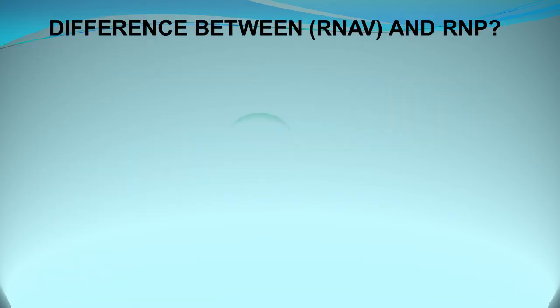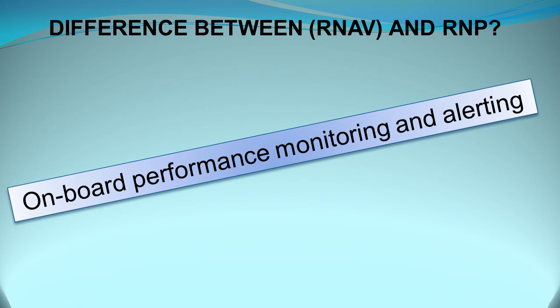So is there any difference between RNAV and RNP? Area navigation RNAV and RNP systems are fundamentally similar. The key difference between them is the requirement for onboard performance monitoring and alerting. These functional and performance standards allow the flight paths of participating aircraft to meet declared levels of accuracy.